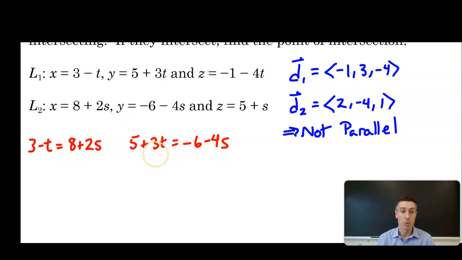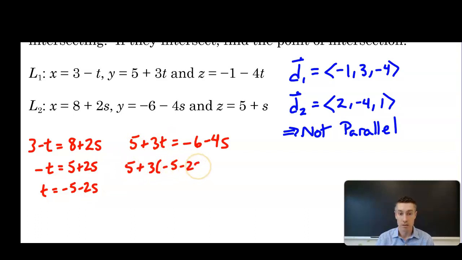Okay, so we have a system of 2 equations, 2 unknowns. If we solve the first equation for t, that's going to be -t equals 5 plus 2s, t equals -5 minus 2s. We'll substitute that in. So 5 plus 3 times (-5 minus 2s) equals -6 minus 4s.